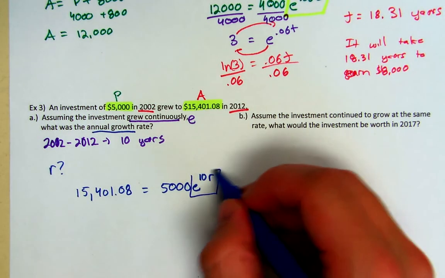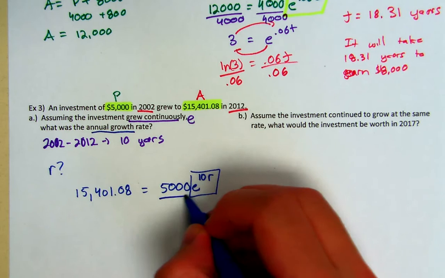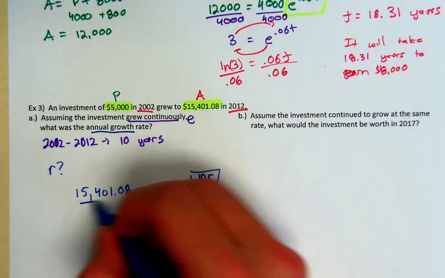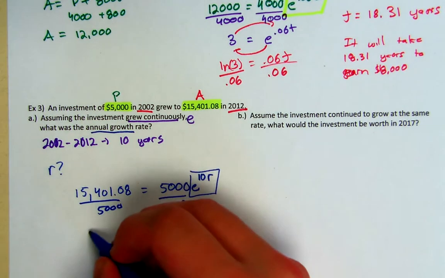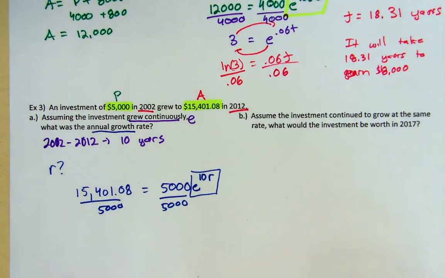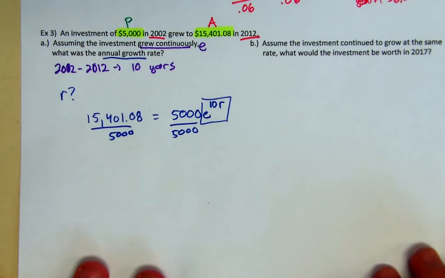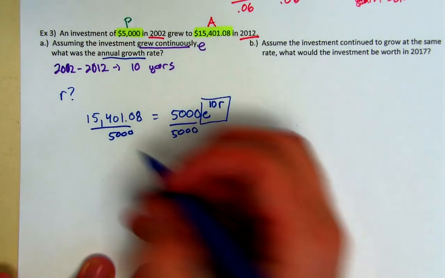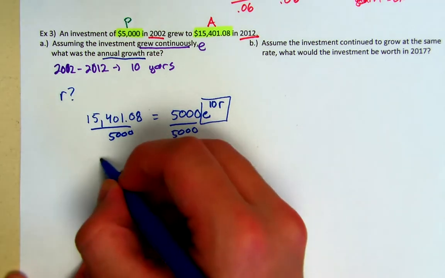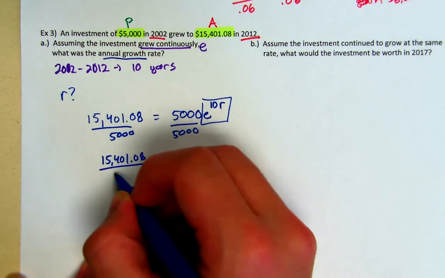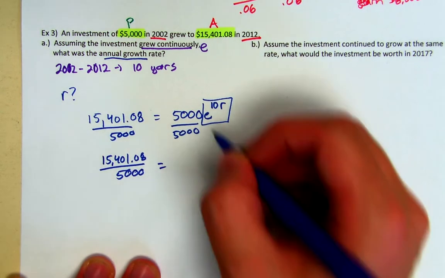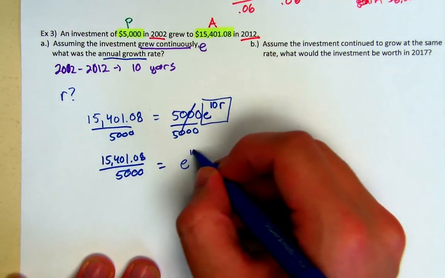Same process here. Go ahead and isolate, so divide by 5,000. And then I'm going to leave this as a fraction because it's going to be more exact. So I'm going to take 15401.08 divided by 5,000 equals E to the 10R.